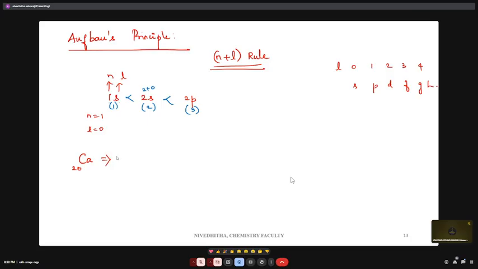Calcium has 20 electrons and we have to fill these 20 electrons from lower energy to higher energy. Could you please arrange and tell me the electronic configuration of calcium? 1s2, 2s2, 2p6. 3s2, 3p6. 4s2.